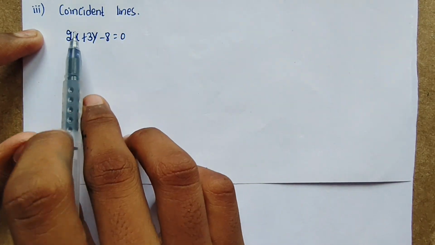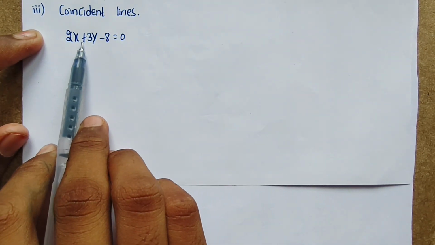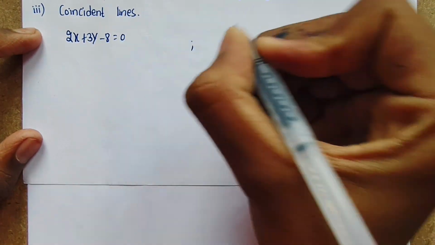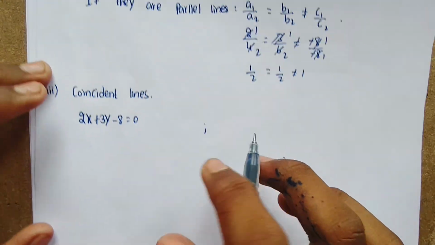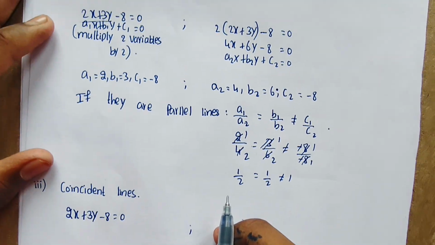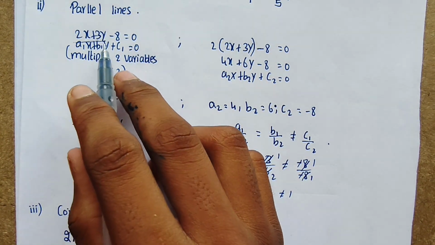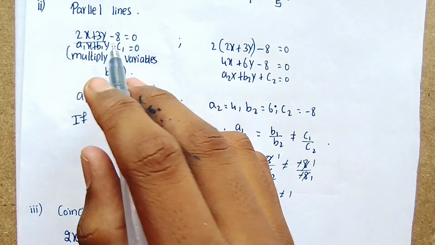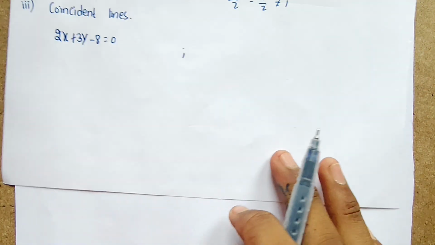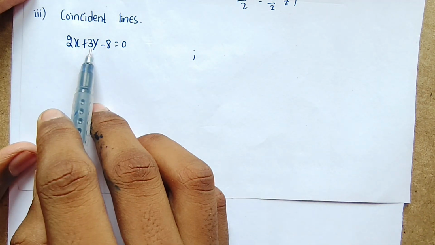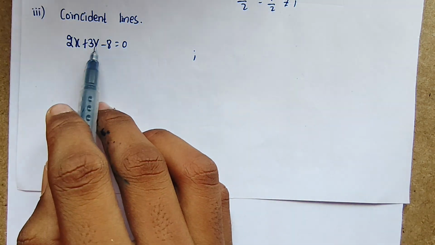Coincident lines. The first linear equation is 2x plus 3y minus 8 is equals to 0. And in above problem, we had did that. We had multiplied the only variables of the linear equation. Now, here we have to multiply the whole linear equation by any number.